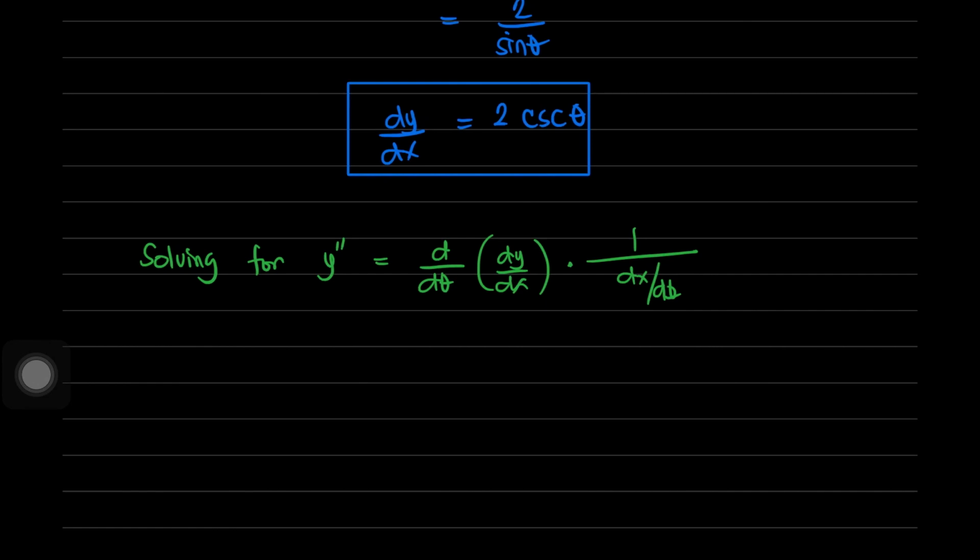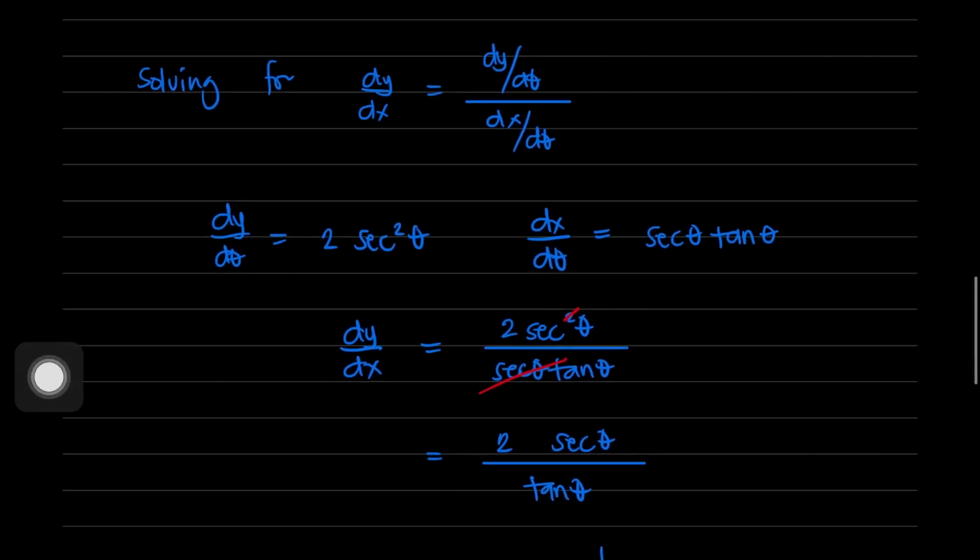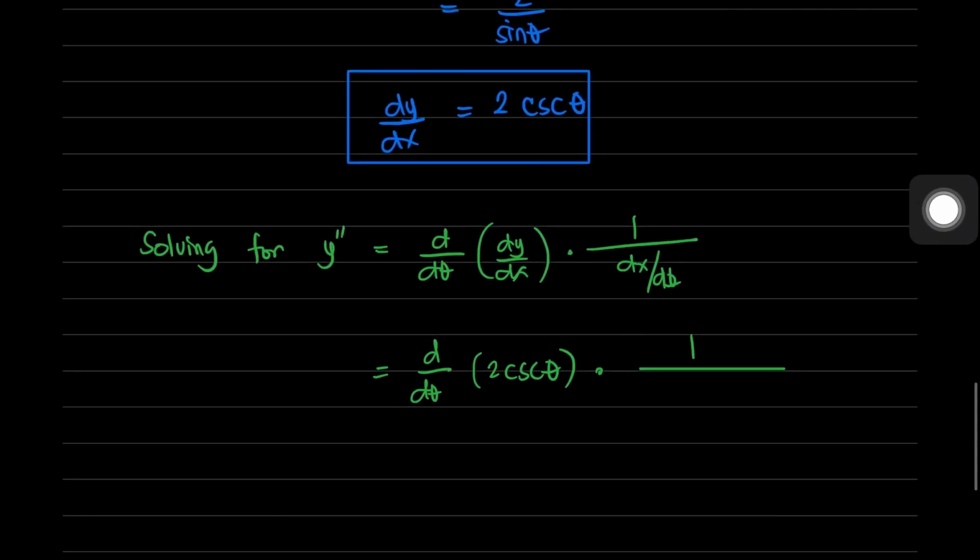So if we're going to apply this formula, this is now equal to d over d theta of 2 cosecant theta multiplied by 1 all over dx over d theta, which was solved to be secant theta tangent theta. So we're just going to write it in here, secant theta tangent of theta.